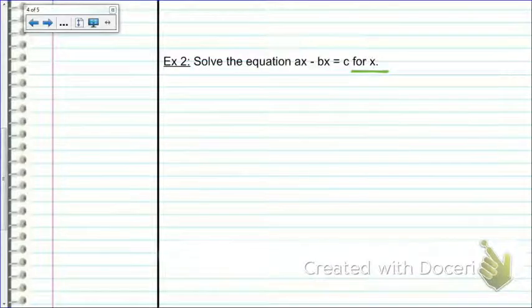As I am looking at this equation, I notice that a has an x and b has an x. Do we know a property that we could use to get those x's out of there? Did we learn about a property last week?